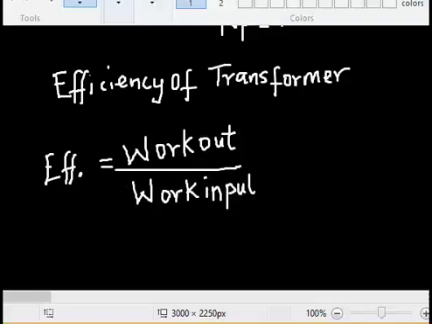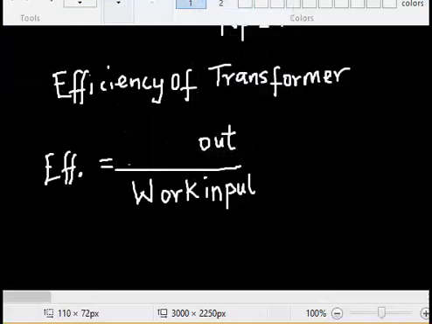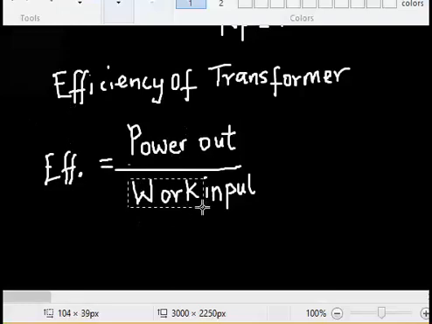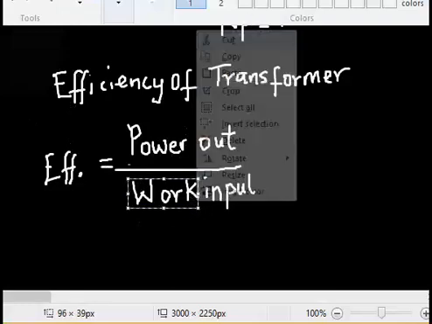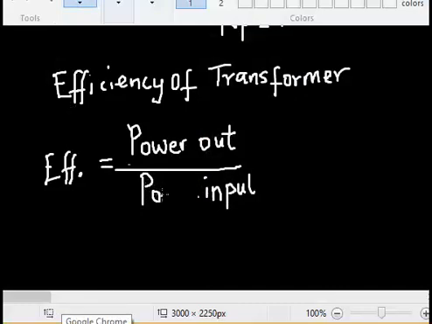Alright, now, please pardon me, the power output. Efficiency of a transformer is actually given as the power output of the transformer, all over the power input of the transformer, then of course times 100.